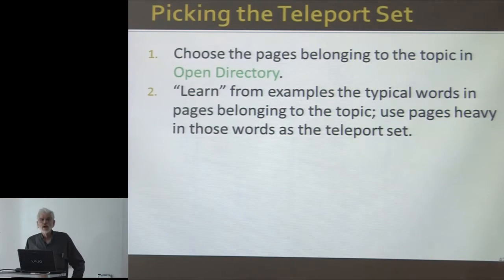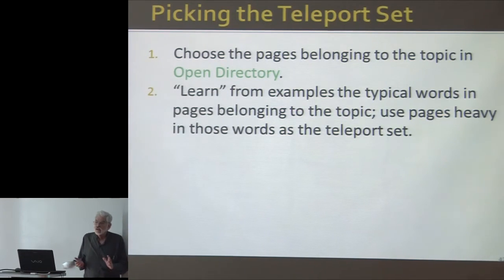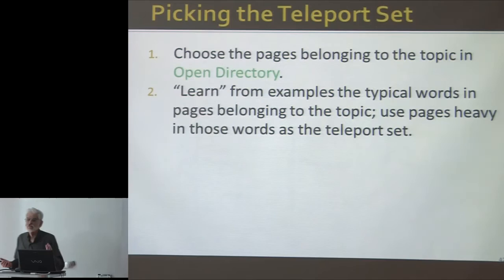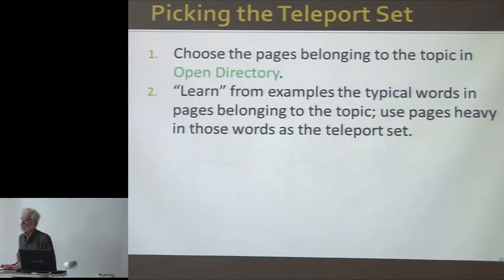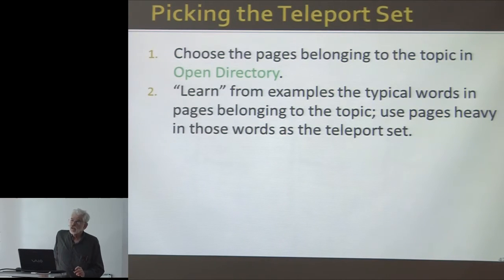Now, let's say I'm interested in sports. How am I going to pick pages that are sports pages? Well, one way you can do this is you use something like Open Directory, which is a small directory of pages that have been hand classified. And you say, if it's been classified as sports, then it really is a sports page. But of course, there are lots of other sports pages. But you can use those pages to see what words are mentioned.